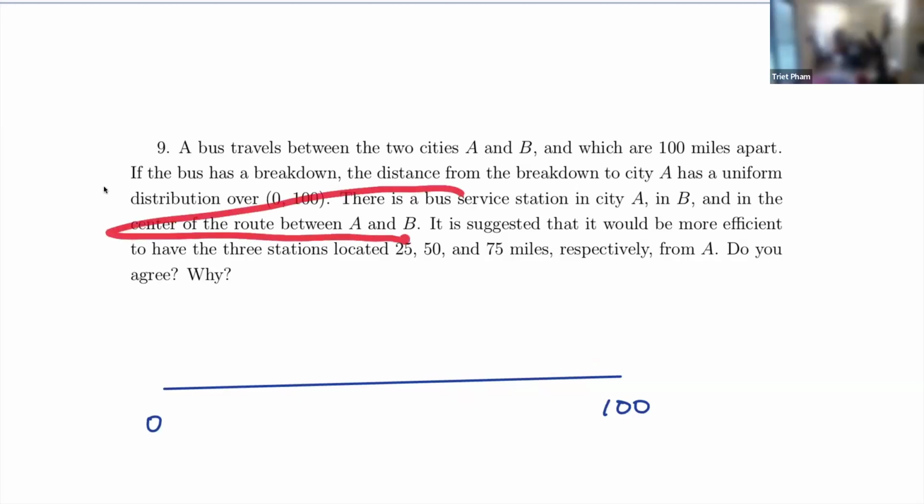So the service station, or there are two competing claims, right? There's A, there's B, and there's C. These are fixed locations which service the bus if there's a breakdown. So let's call this plan one.